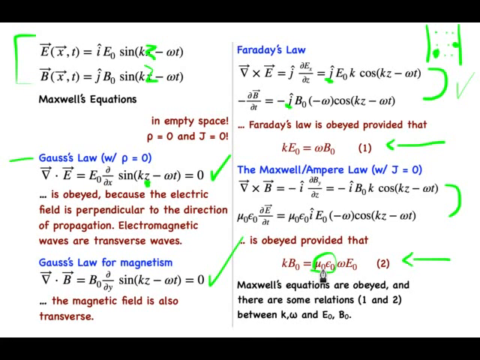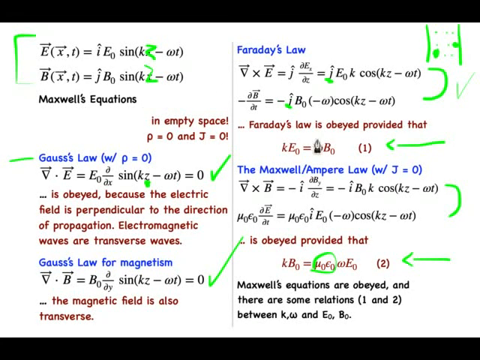Remember, mu naught is the constant which determines the strength of magnetism. And epsilon naught is the constant that determines the strength of electric forces, strength of electricity. Well, that's going to have to come into this electromagnetic field analysis. It comes in as the product mu naught epsilon naught.